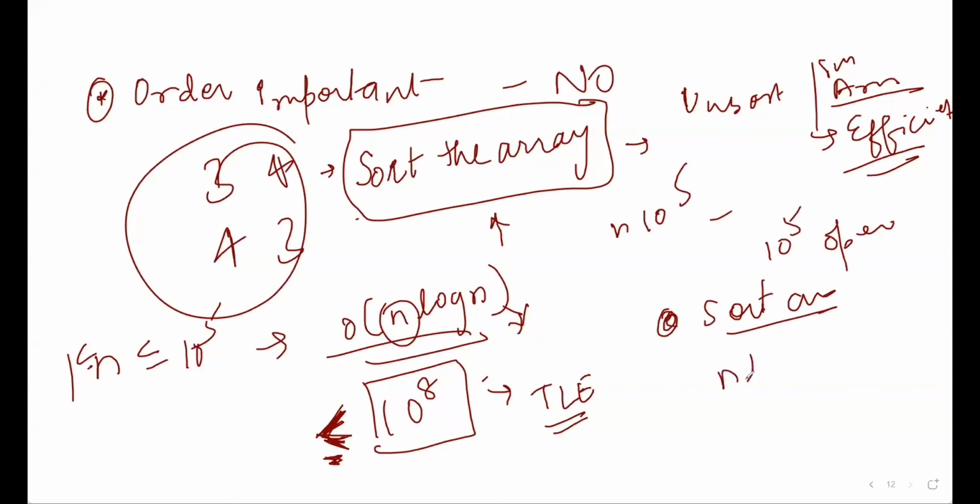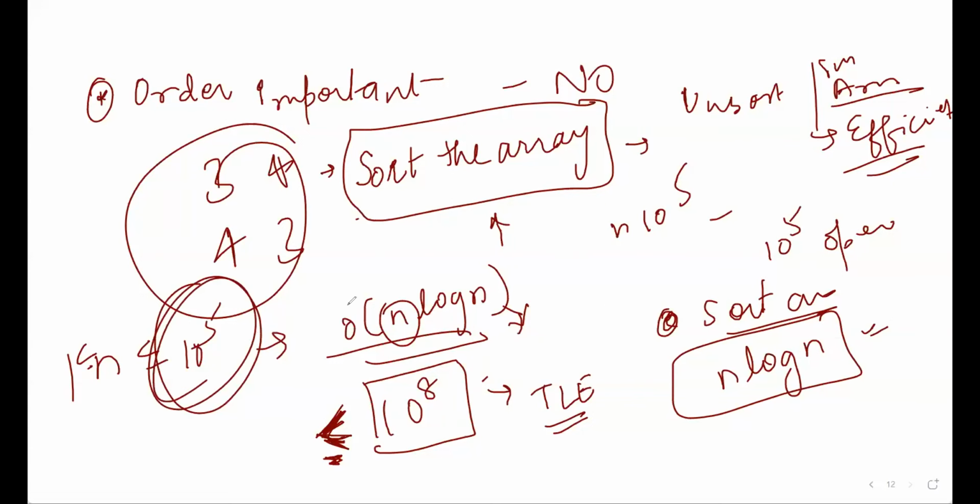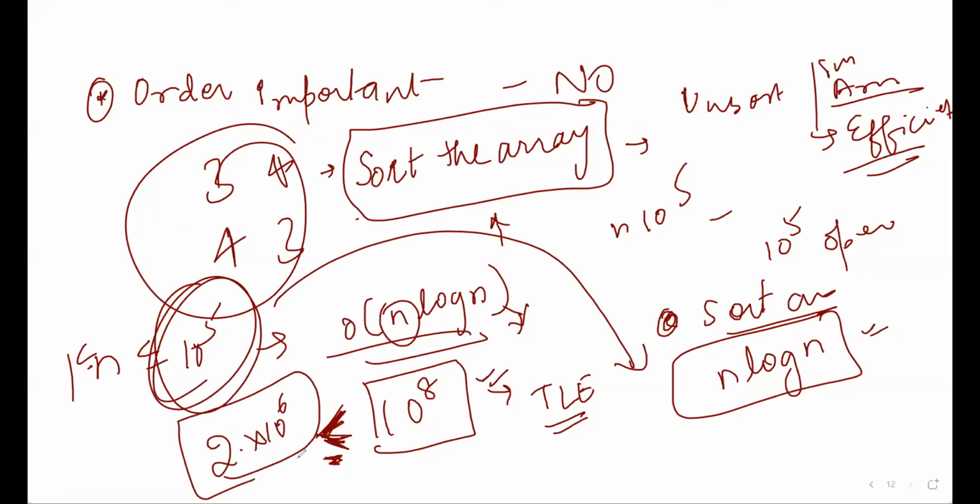The best sorting algorithms available take n log n time. Looking at this, you can get a hint of n log n, because n log n is obviously less than 10 to the power 8. It will be something like 2 into 10 to the power 6. So n log n should give you a hint in this case.